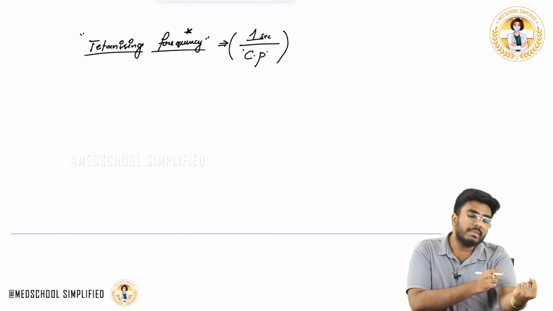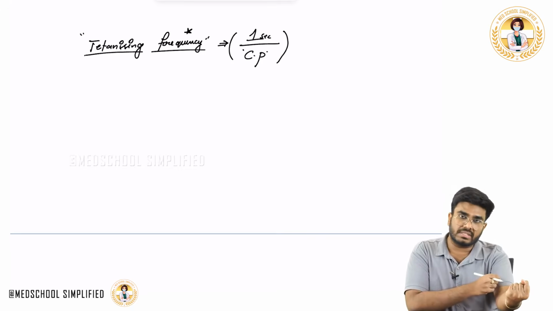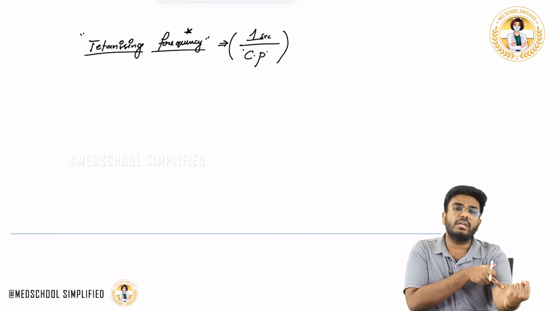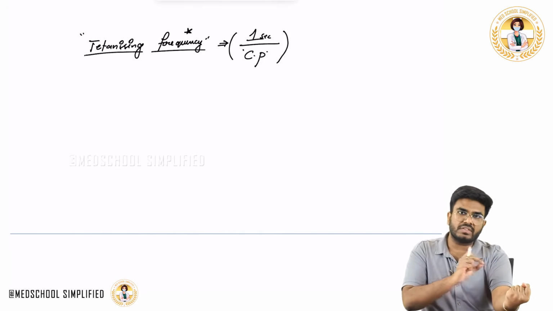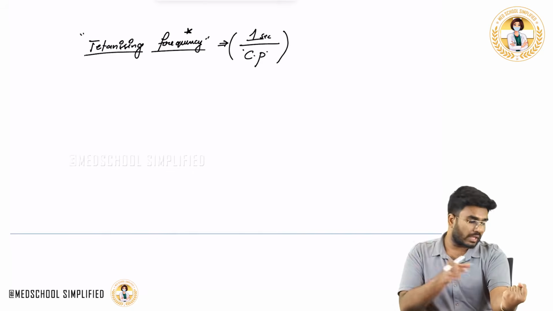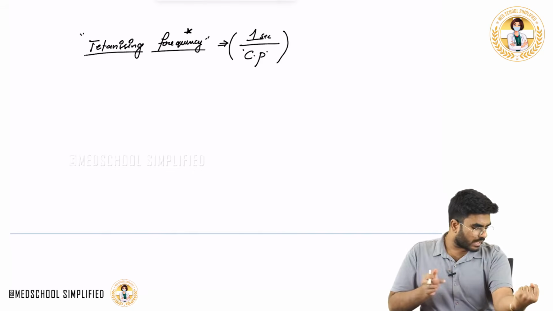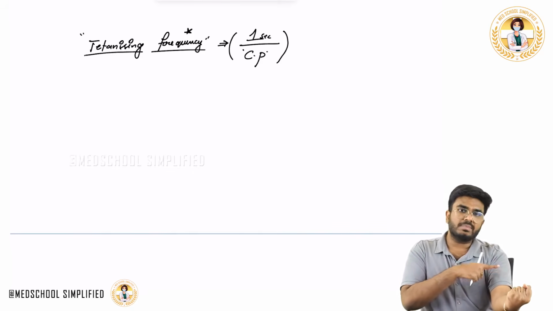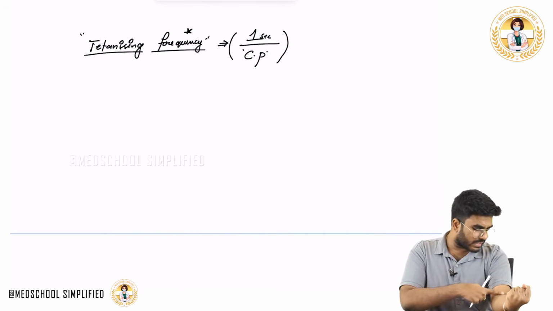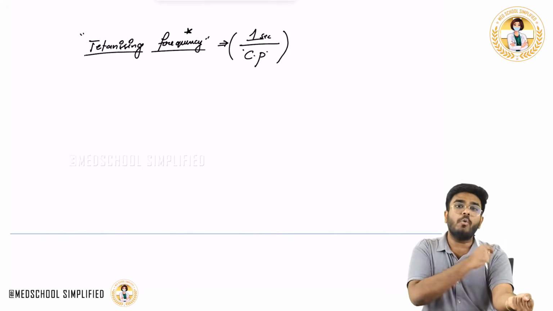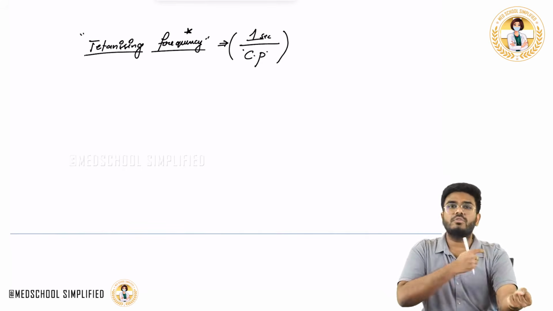How many times should the impulse come to keep this muscle in a continuous contraction phase, so that the muscle does not relax? There is no relaxation at all; it is continuously in contraction. So how much frequency should be coming?